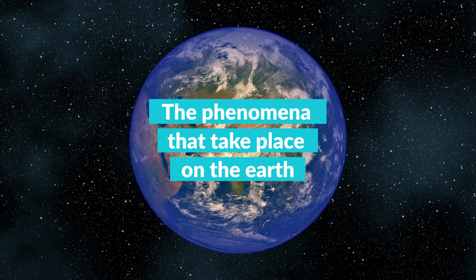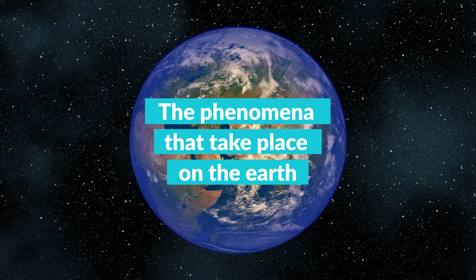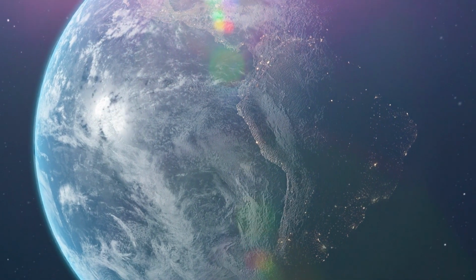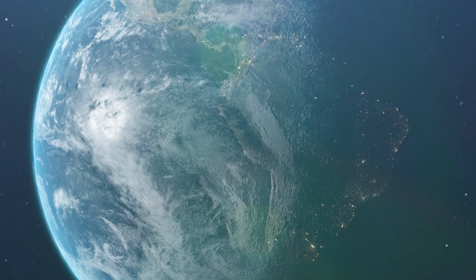We also got to know about the interior layers of the Earth. Let us try to know a few more things about the phenomena that take place on the Earth. Have you ever given a thought whether the Earth remains in the same manner or things change on it? The Earth has neither been the same since its formation, nor will it remain the same in the coming times.